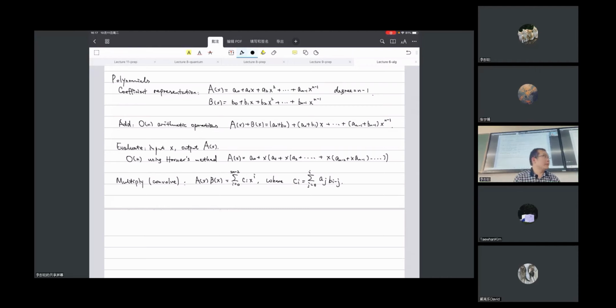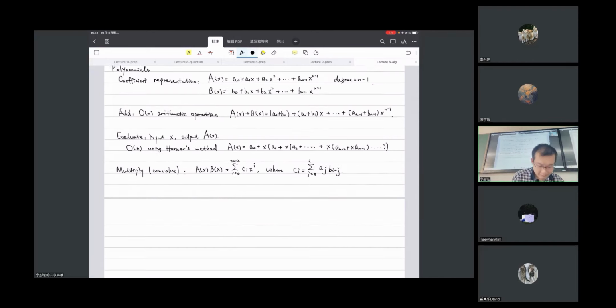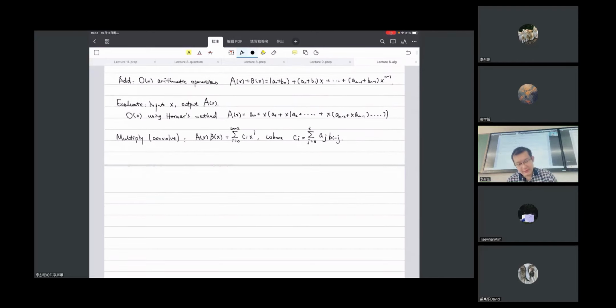So I guess this should be relatively straightforward. Questions? Okay, so if you consider such kind of multiplication, in the worst case, the cost of this is going to be n squared.